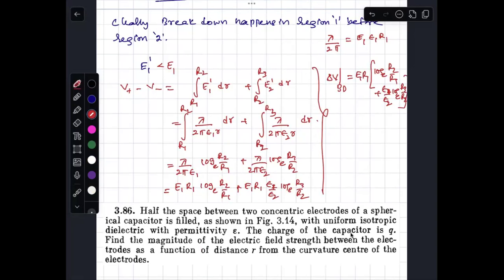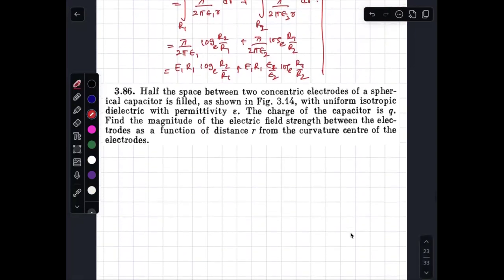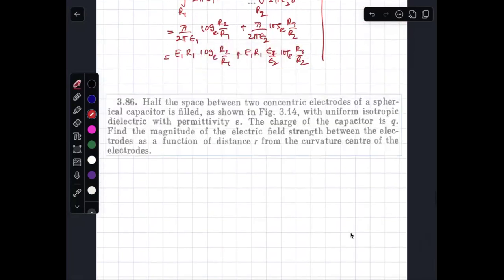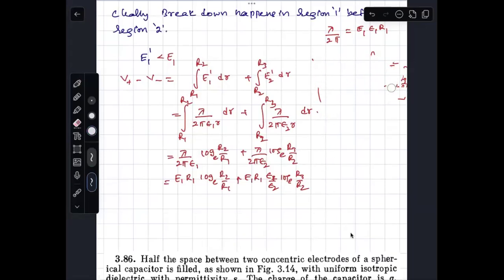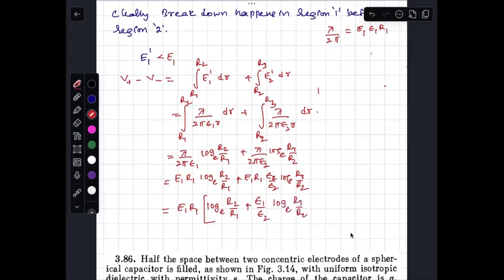Any doubt in that? You are finding it a bit difficult to see. Okay, I've understood. I will write everything over here; why should I save the space? This can be written as E1 R1 common, log e R2 by R1 plus epsilon 1 by epsilon 2 log e R3 by R2.